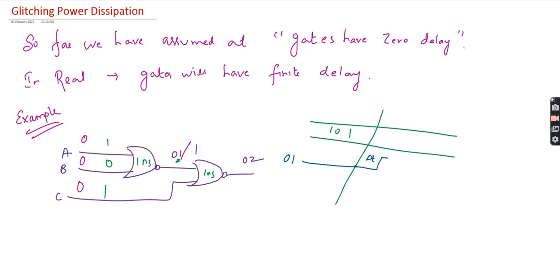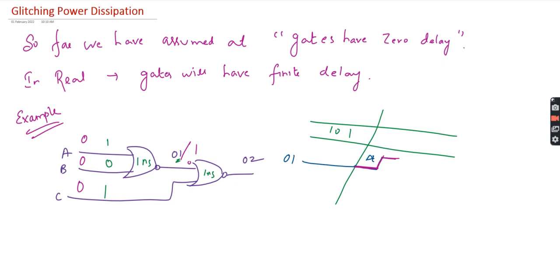So now what happened? This is the amount of time it takes to make the output 1. There will be some delay due to that. Similarly for O2, initially for 1 0, what is the value? It is 0, but the 1 will also be there for up to 1 nanosecond.